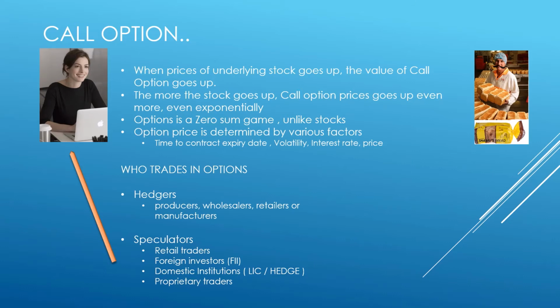So, people like speculators, they are the ones who sell this to pocket some of the money. In fact, they are providing liquidity to this market. If there are no sellers, Shamu can't buy this option. By use of this particular call option in this example, Shamu is free from his worry that he would have to buy wheat at a very high price in future.